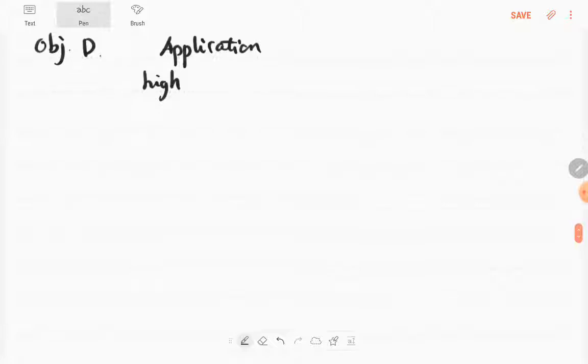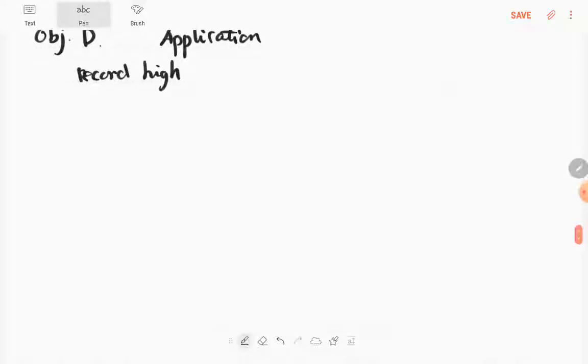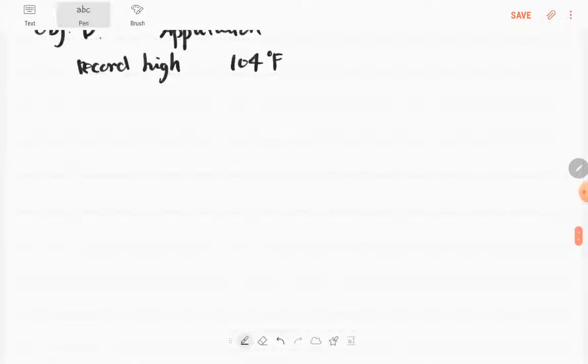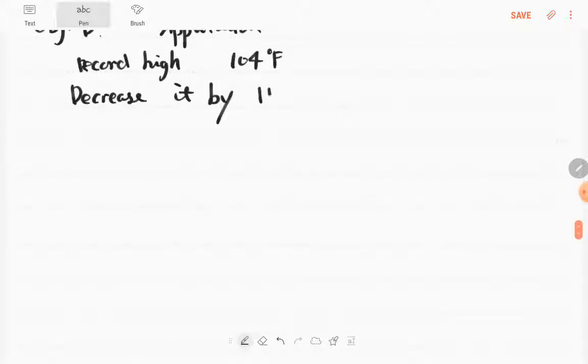The record high temperature is 104 degrees. Okay, it also says decrease this temperature. Decrease it by 111 degrees.